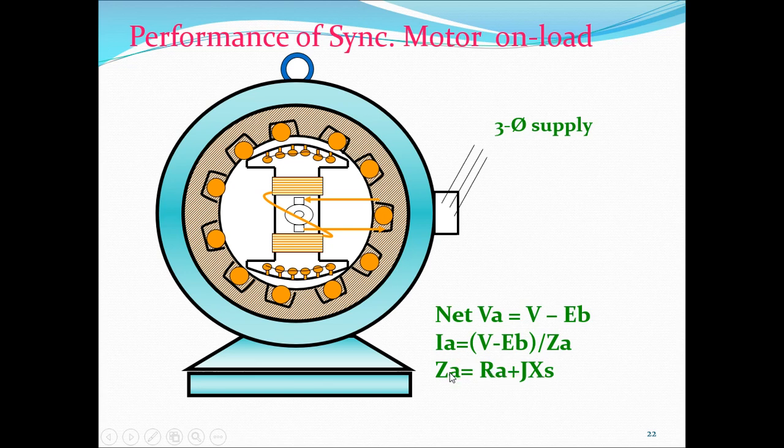So armature impedance is the combination of armature resistance and synchronous reactance. So IA is the current, ZA is the armature impedance, Ra is the armature resistance, and XS is the synchronous reactance. XS is a combination of armature reactance and leakage reactance as shown in the figure.